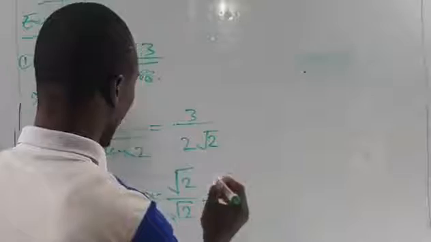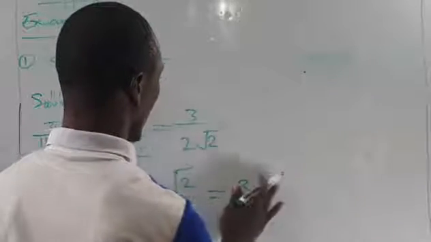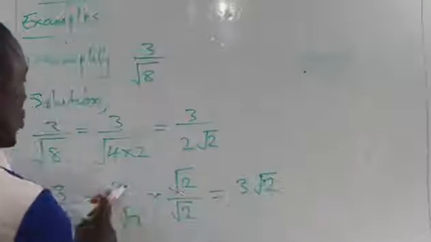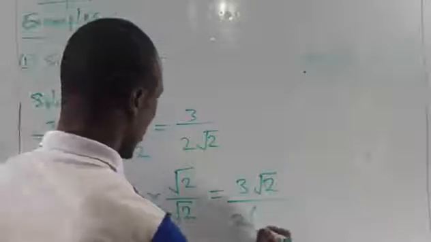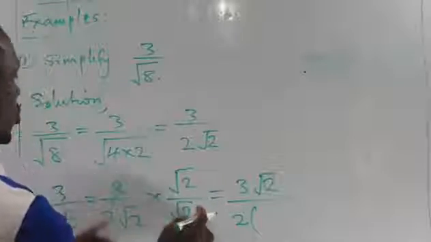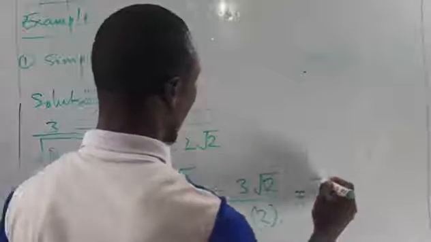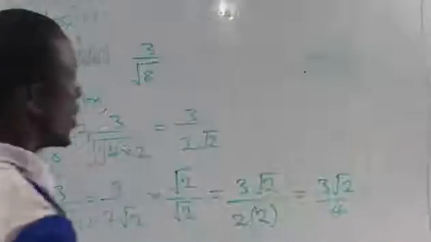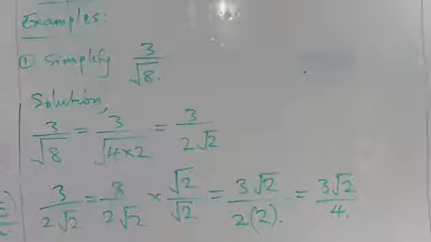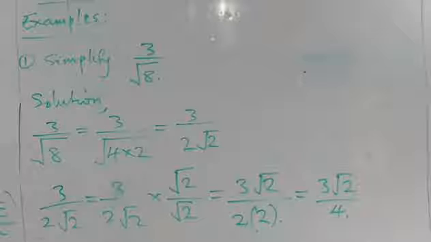Simplifying this, we have 3 root 2, by multiplying numerator with numerator, all over 2 into root 2 multiplied by root 2, which is ordinary 2. So that is the same thing as 3 root 2 all over 4. This is the solution to 3 all over root 8.